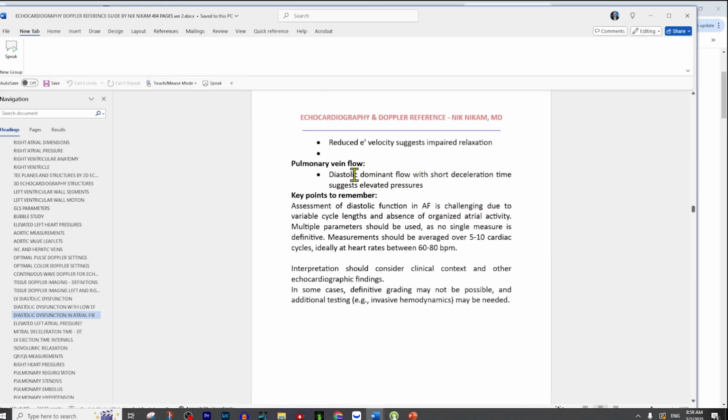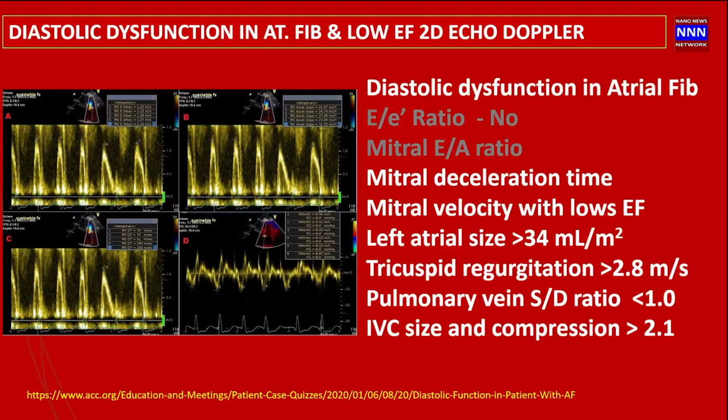So there is also pulmonary vein flow reversal, where the diastolic wave will be bigger than the systolic wave. That's another indication.